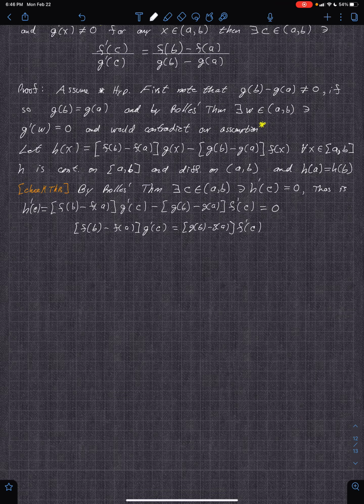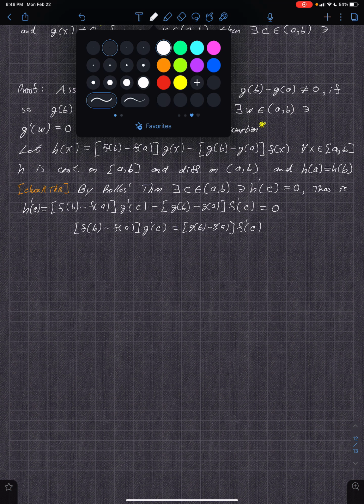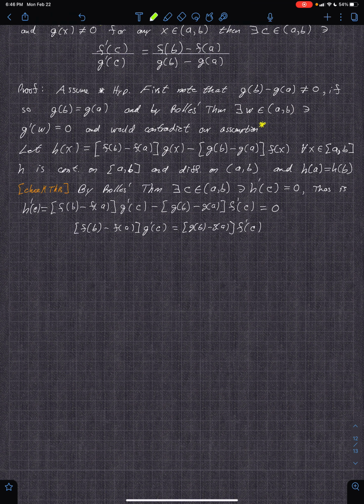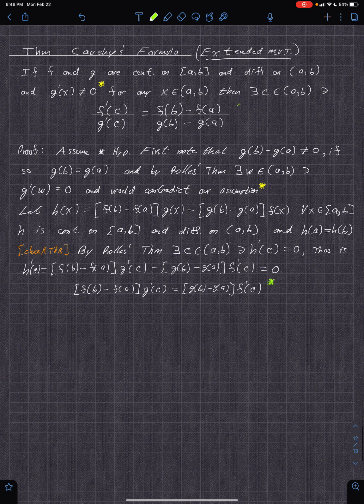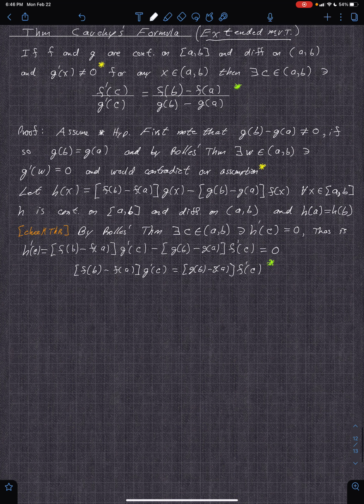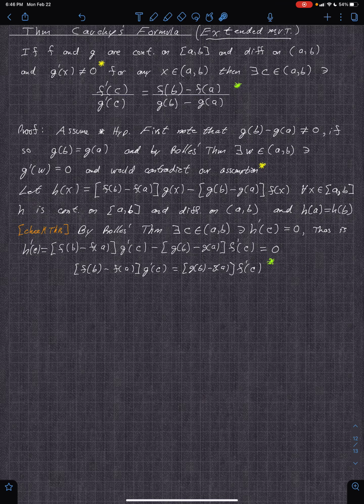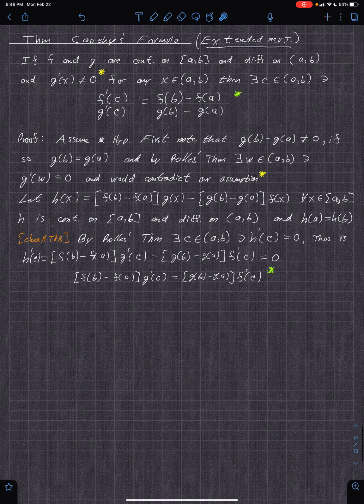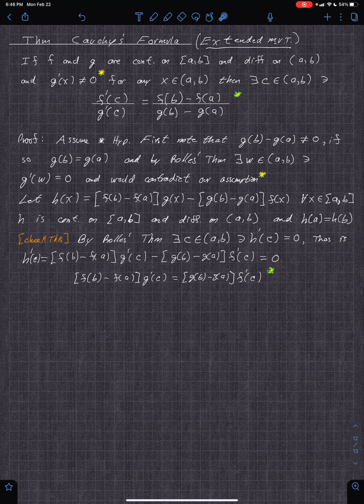And so you just divide both sides by the appropriate terms, and you got it. So that has been proved. This hinges around applying Rolle's theorem to a special function that's defined, that behaves the way we want. That's essentially how you do the same thing with the regular mean value theorem.